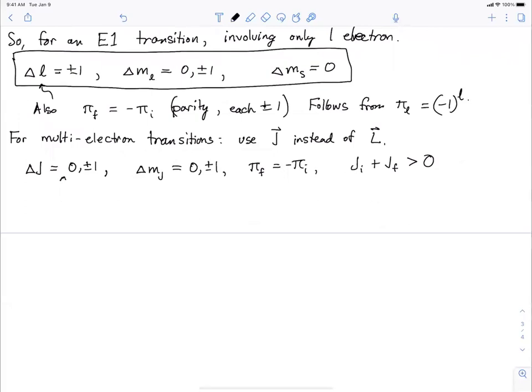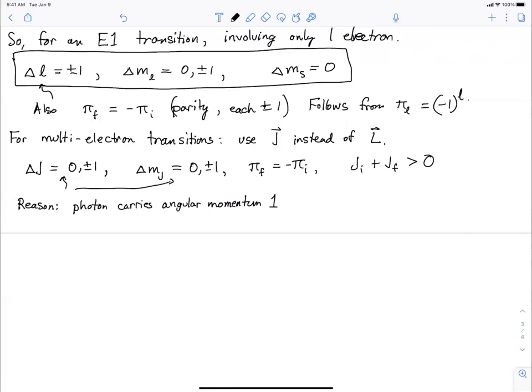The first two are true because the photon carries angular momentum 1. If you think about the photon as a particle, which by the way is not obvious at all from the way we treated it classically, it carries angular momentum 1. That's its intrinsic angular momentum or its spin.